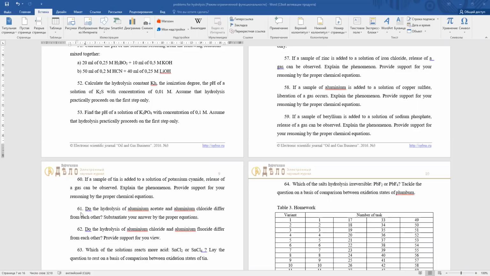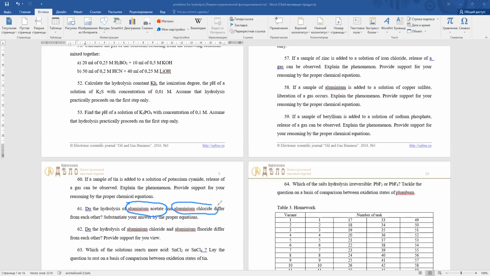Do the hydrolysis of aluminum acetate and aluminum chloride differ from each other? Substantiate your answer by the proper equations. Yes, of course. This one is a neutral solution.